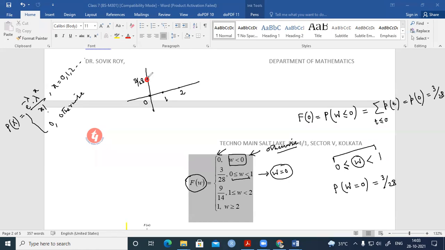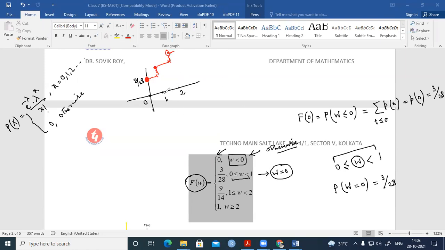This is the value of the distribution function. So FW is 3 by 28, and it will remain 3 by 28 until you reach 1. When you reach 1, it takes another value which is 9 by 14. And it remains 9 by 14 until you reach the value 2. And after that, something happens. I'm going to tell you very shortly.